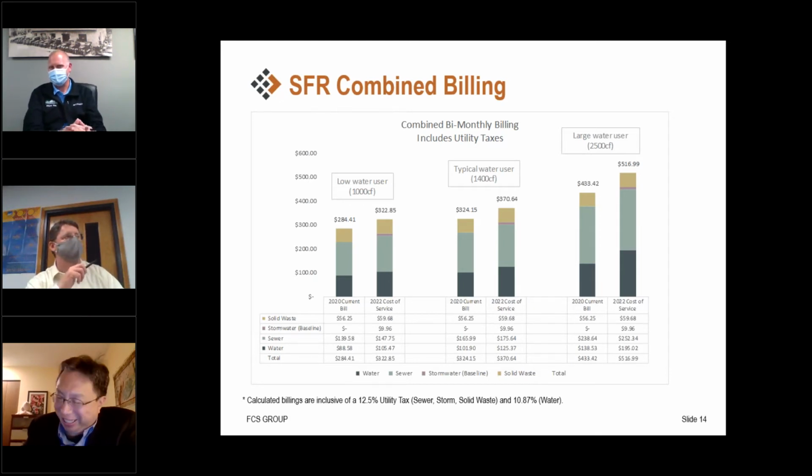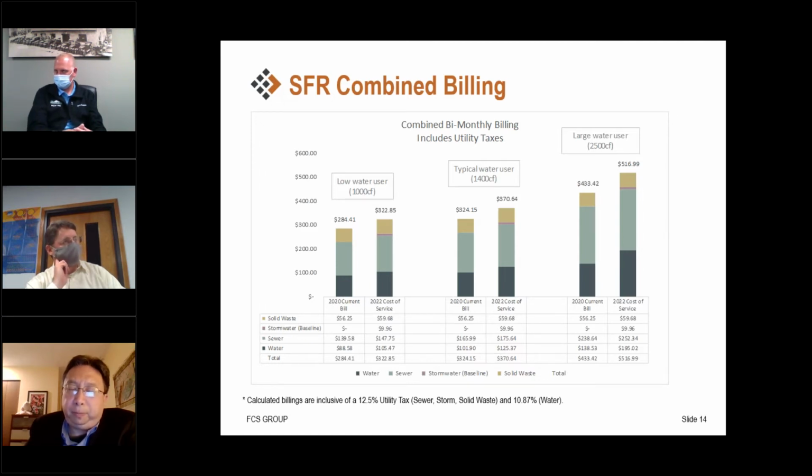Yeah, it looks like, again, I'm very concerned with the high increases on the front end here. And granted, I understand why. But again, with having bi-monthly billing, you're looking at $600 bills in 2024. Mrs. Rip.